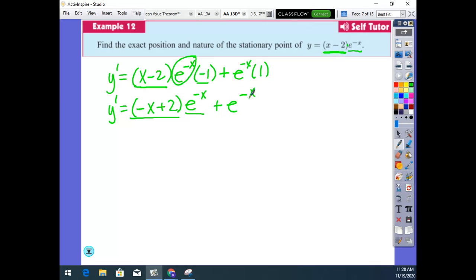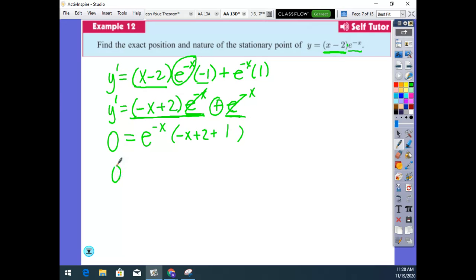All right, so in our factoring, if I look at this whole great big term and this one, notice there's a GCF. So I'm going to set my derivative equal to 0. I'm going to factor the GCF of e to the negative x out of each of these. So if I divide each one by e to the negative x, I'm left with -x plus 2 plus e to the negative x divided by e to the negative x is 1.